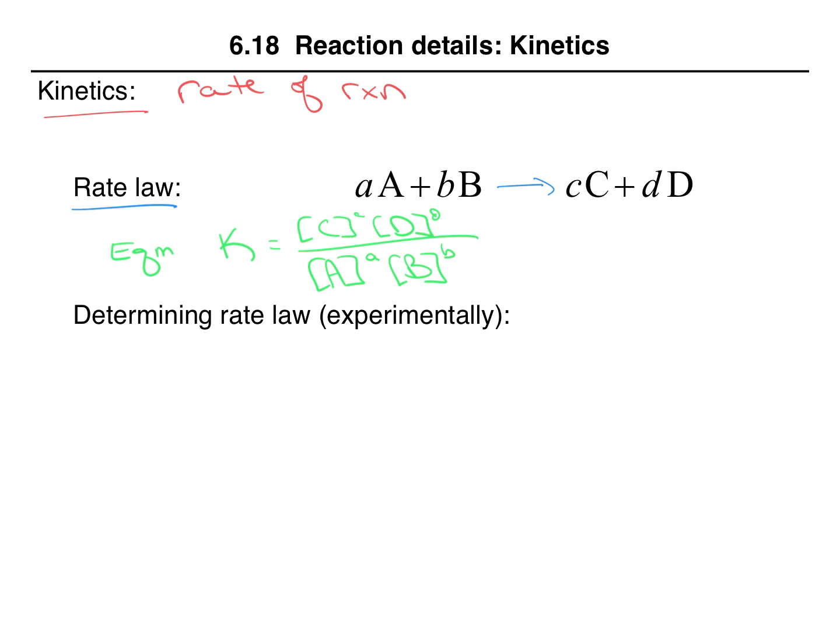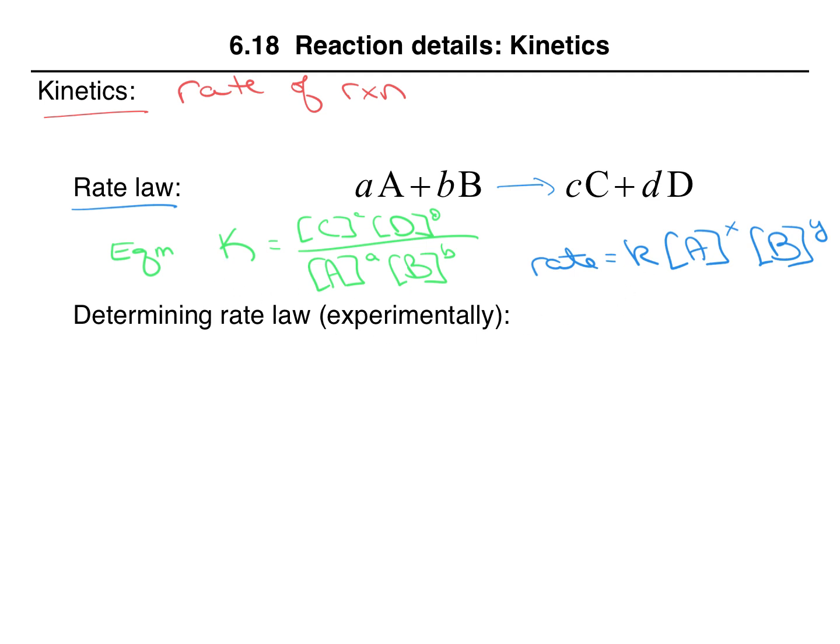Well, for a rate law, now we are looking at the rate is equal to a rate constant k, now this is a lowercase k, times the concentration of A to the x times the concentration of B to the y. Please be careful to use a lowercase k for the rate constant and a capital K for the equilibrium constant, and please also make it clear which is which.